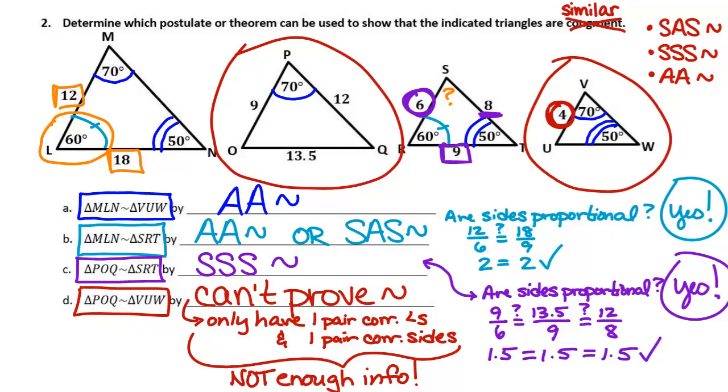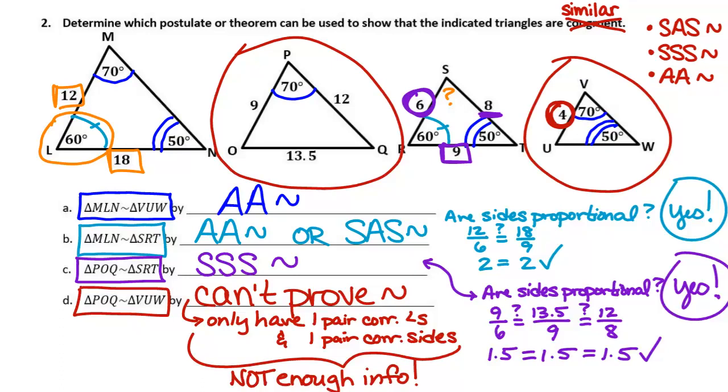Does that mean that they're definitely not similar? It just means I don't have enough information. I can't prove it, so I can't say yes, they're similar. They might be. I don't know. I can't prove it, though. So far, so good?